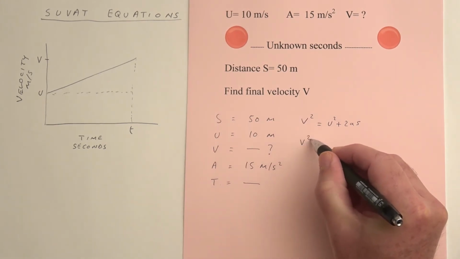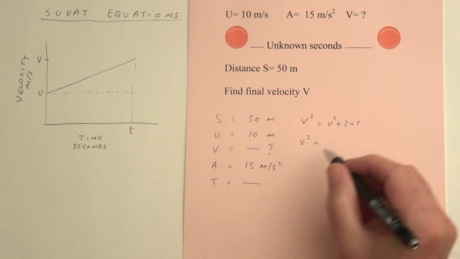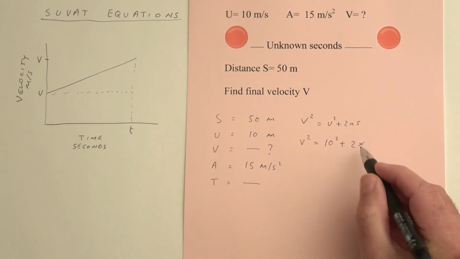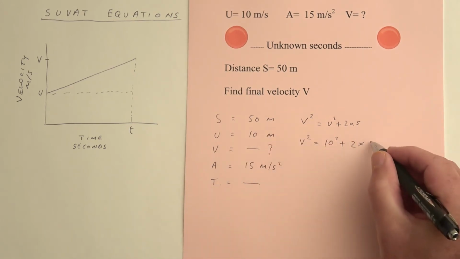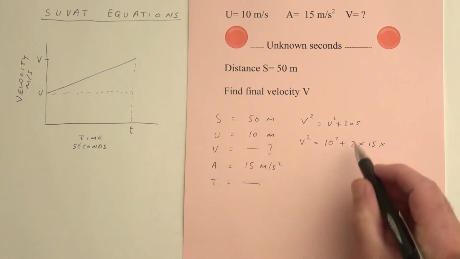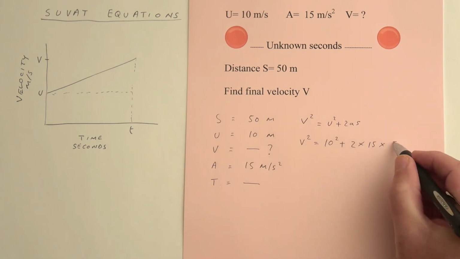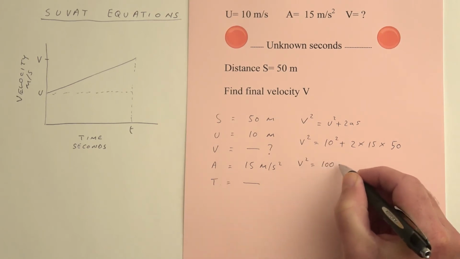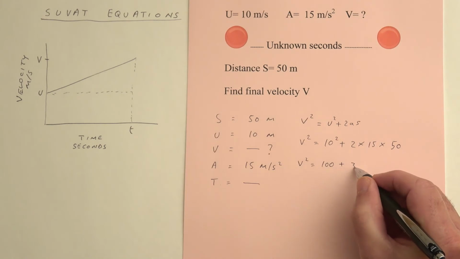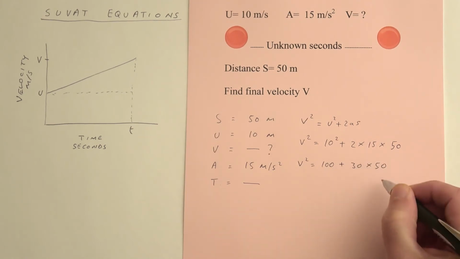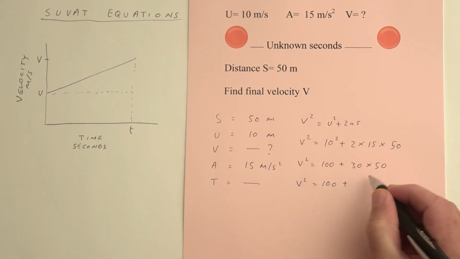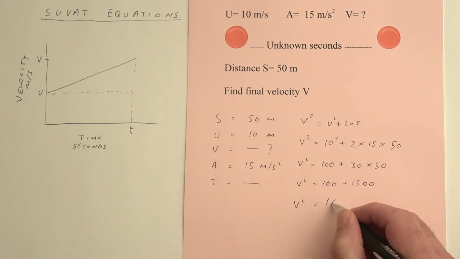Put all the bits in. 10 squared, 100. 2 15s, 30 times 50. 3 5s, 15. 2 noughts. 1600.